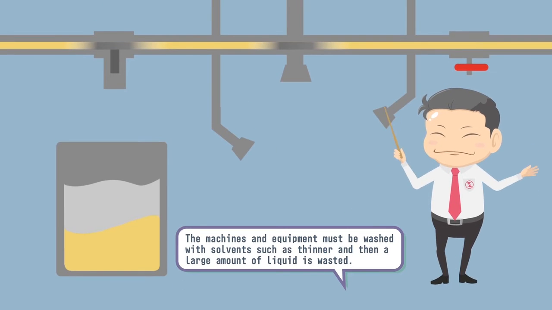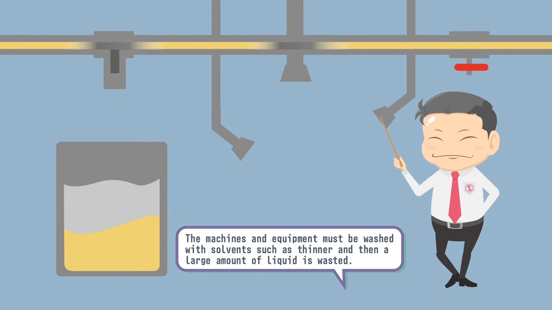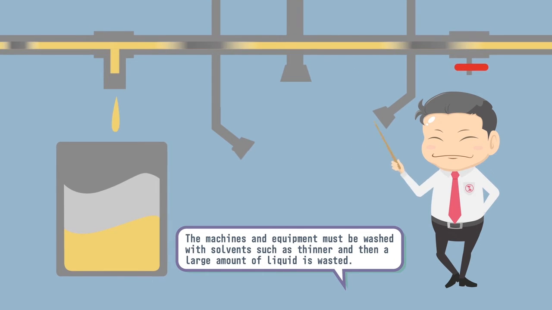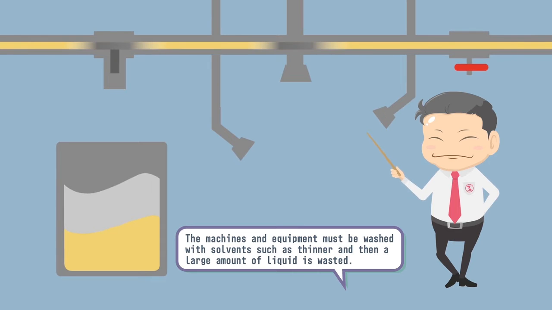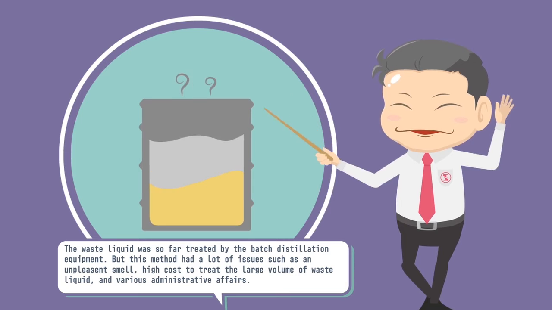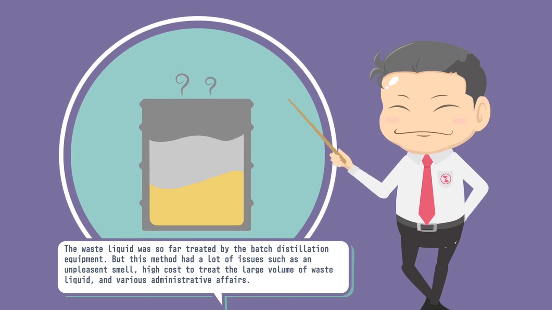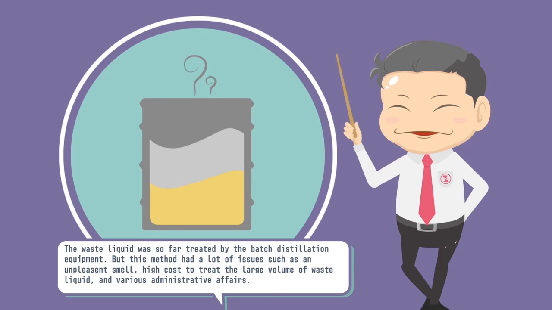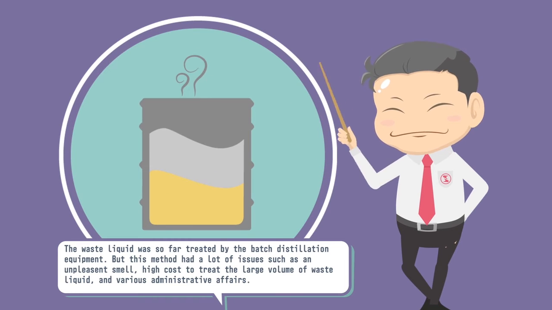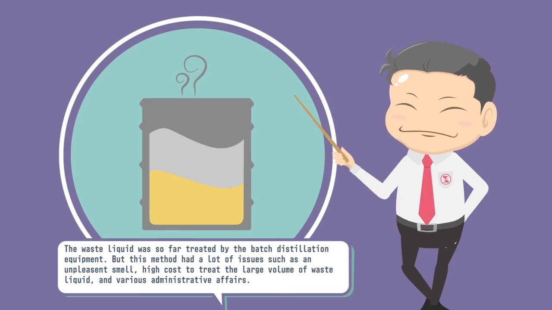The machines and equipment must be washed with solvents such as thinner, and then a large amount of liquid is wasted. The waste liquid was so far treated by the batch distillation equipment. But this method had a lot of issues such as an unpleasant smell, high cost to treat the large volume of waste liquid, and various administrative affairs.